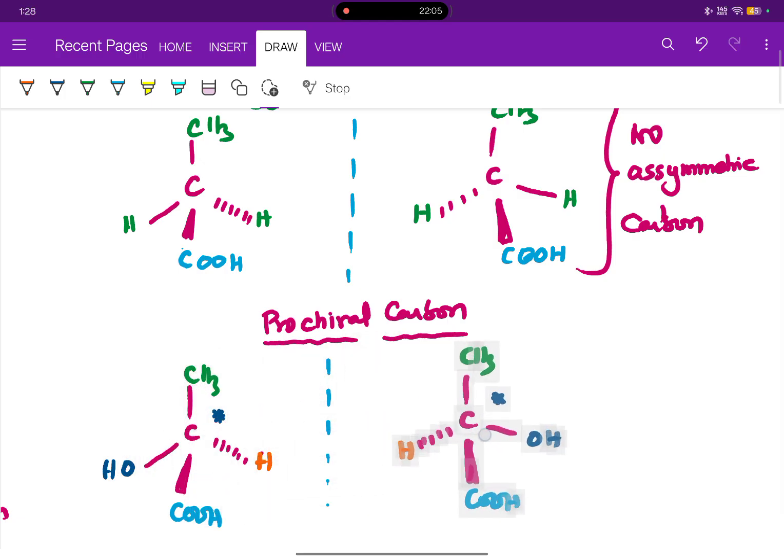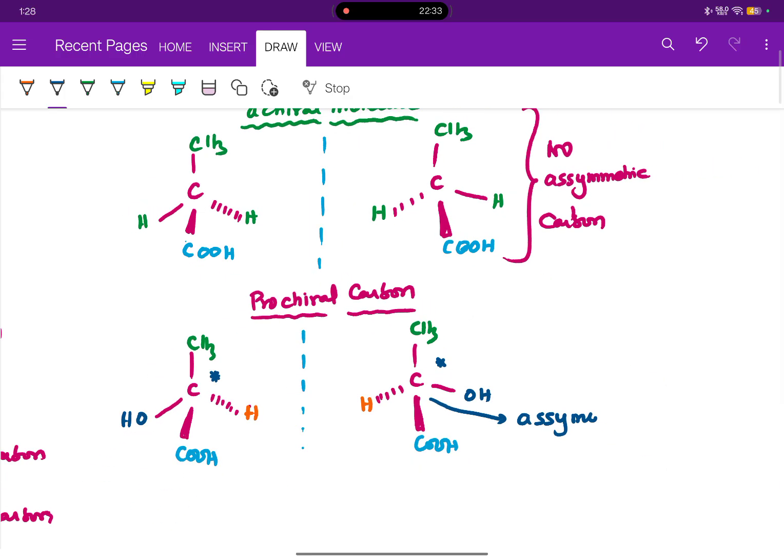Such a molecule, when you superimpose the mirror image on top of it, you get a non-superimposable mirror image. Now such a carbon is called what? Asymmetric carbon. Please make a note. This is called what, ma? Asymmetric carbon. And what is the other name of asymmetric carbon?